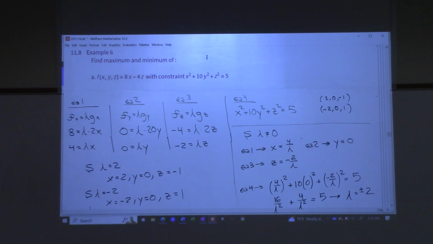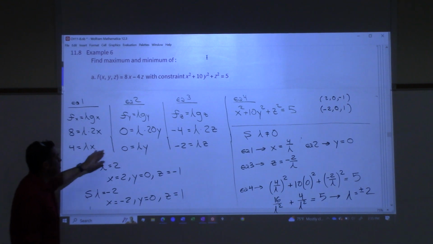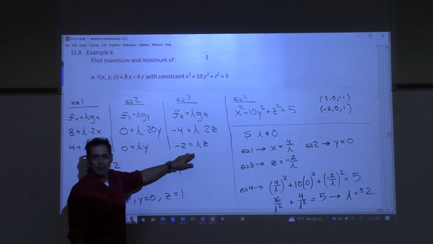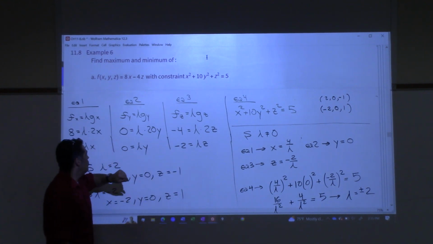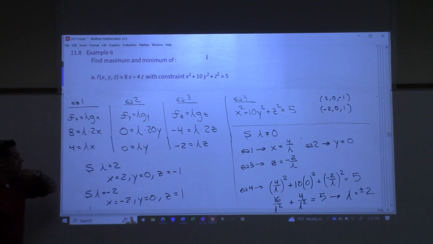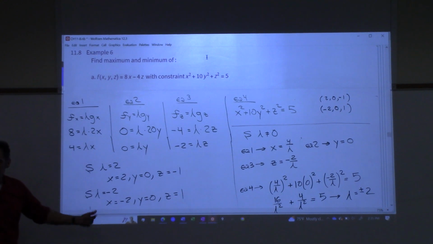Can x be 0? X can't be 0. This isn't true. Can z be 0? No. Can y be 0? But we already said it is, right? So we don't need to think about it. But I'm just rethinking through everything, making sure we covered everything, right?